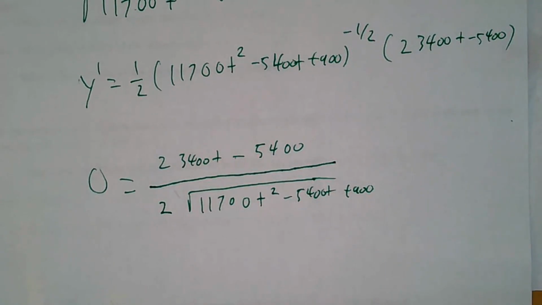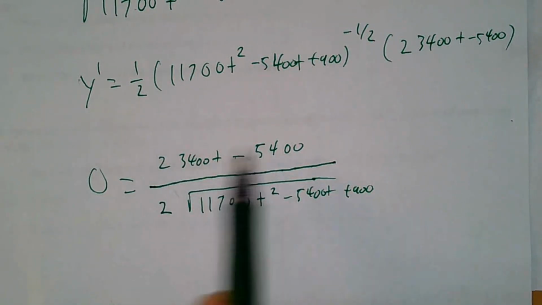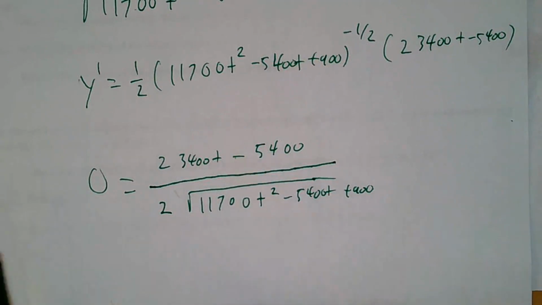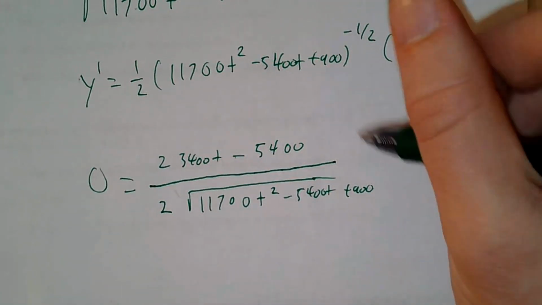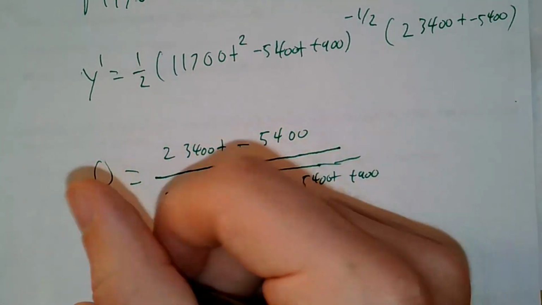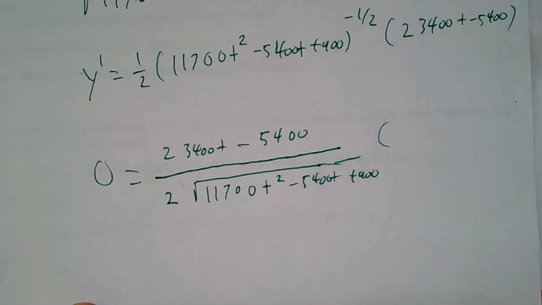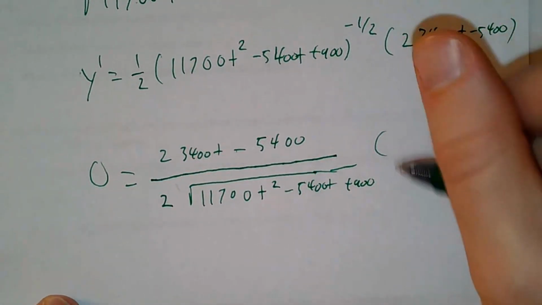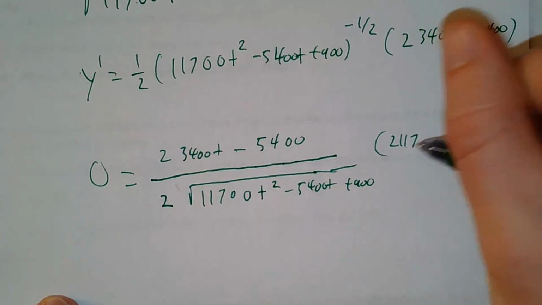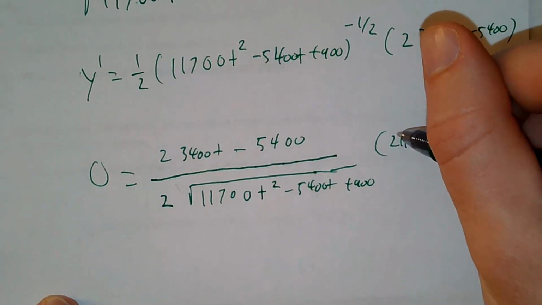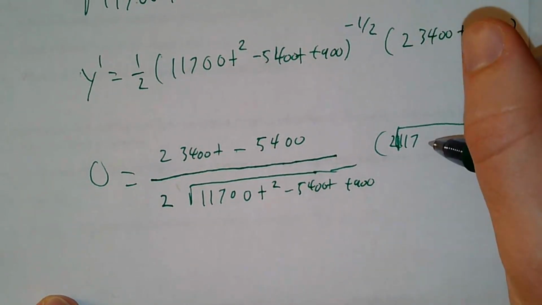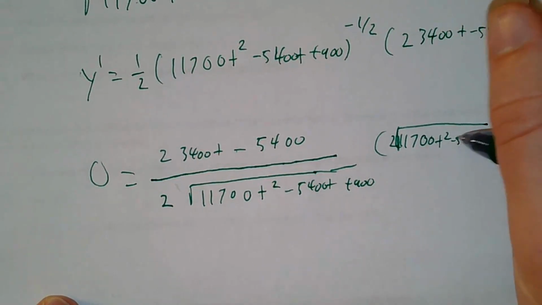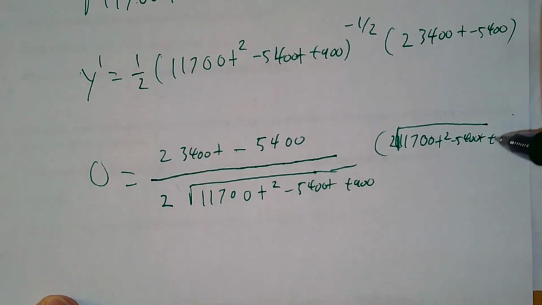We can multiply both sides by the denominator. Basically, for this to equal 0, just the numerator has to equal 0. I'll just show you what's going on there. This would be multiplied by 2 times the square root of 11700 t squared minus 5400 t plus 900.